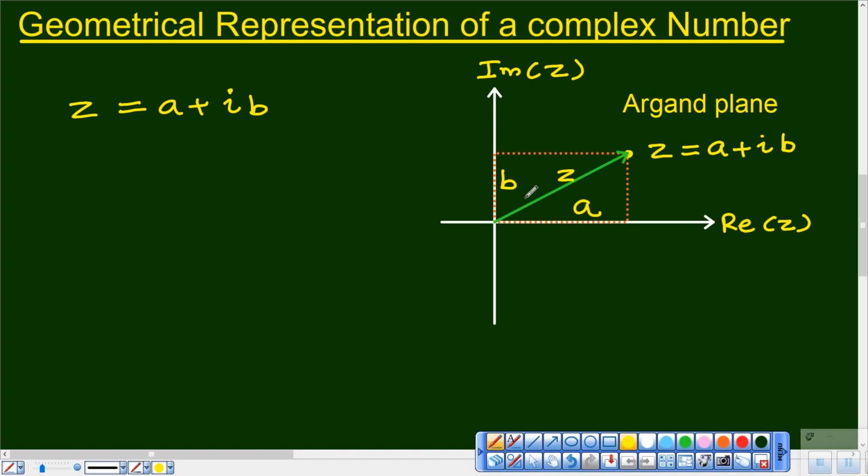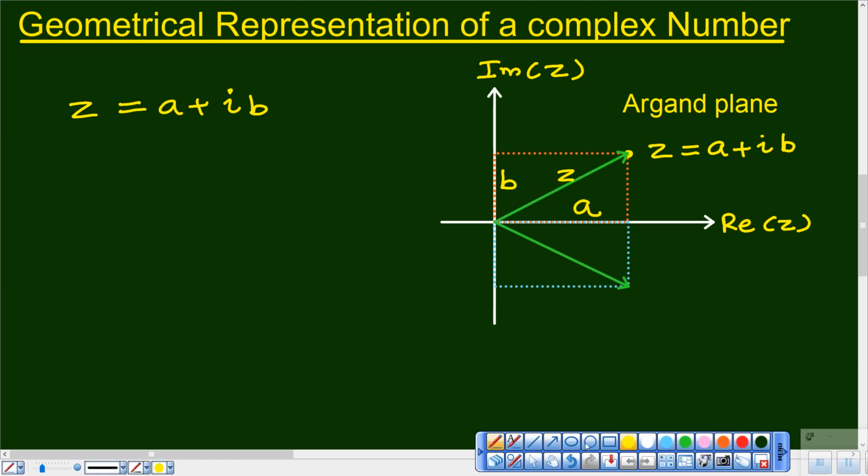If I take the mirror image of Z on the real axis, that is, we locate a complex number exactly below the real axis, that is the mirror image. It is not a difficult job for you to confirm that this would have a real part same as the real part of Z, right?